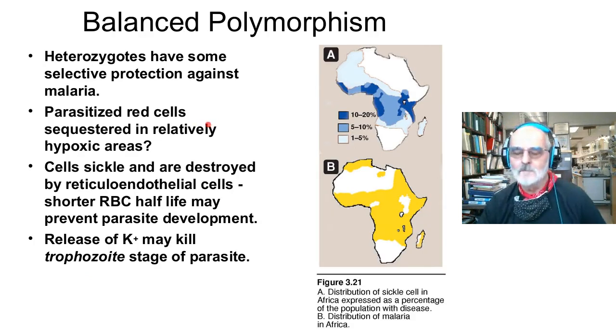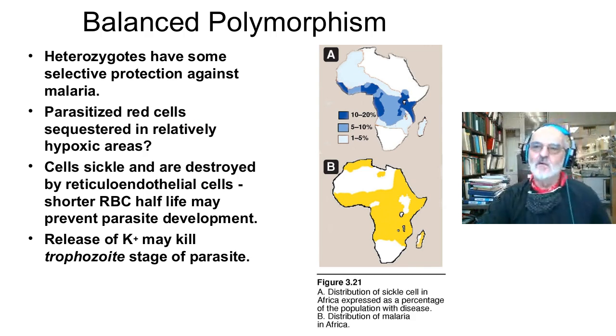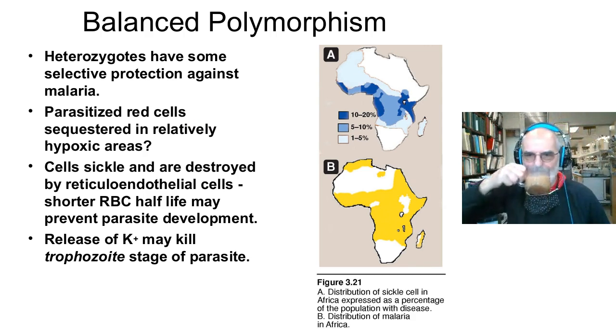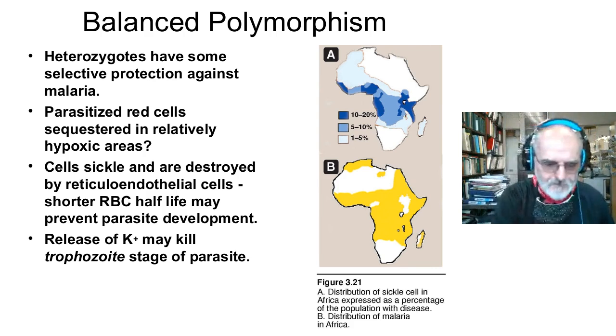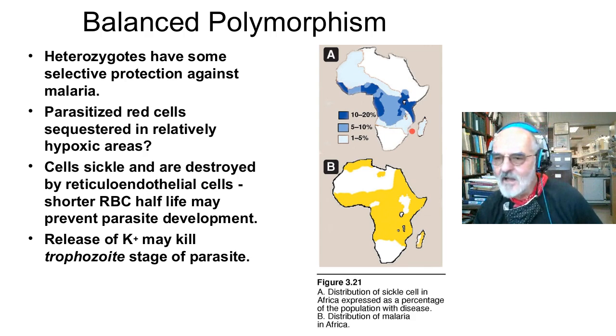Okay. So why does this mutation exist at such a high level in African populations, or in Mediterranean populations, or in Southern Italian populations? This falls into the general category known as balanced polymorphism. It turns out that this region of Africa tends to have a high population of malaria.